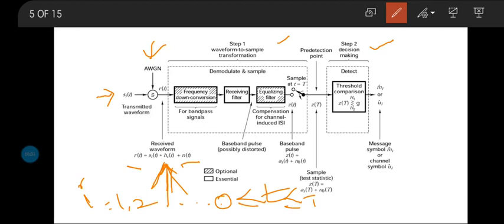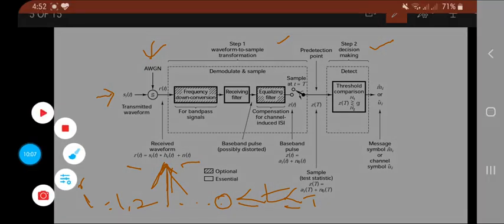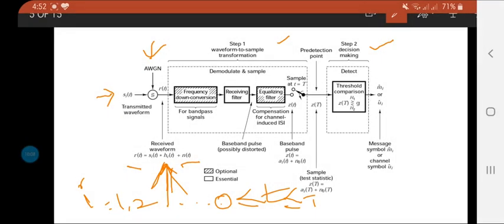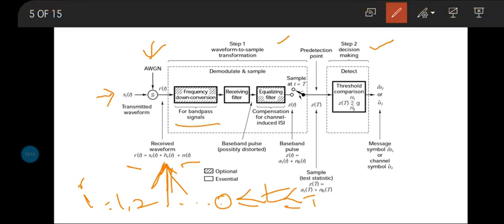Moving on to the other blocks in the conversion, the next block is the frequency down conversion block, which is for the bandpass signal as represented here. This block can be present either in the demodulation section, or it can be at the receiving end. It will always be placed at the very beginning of the receiving filter.